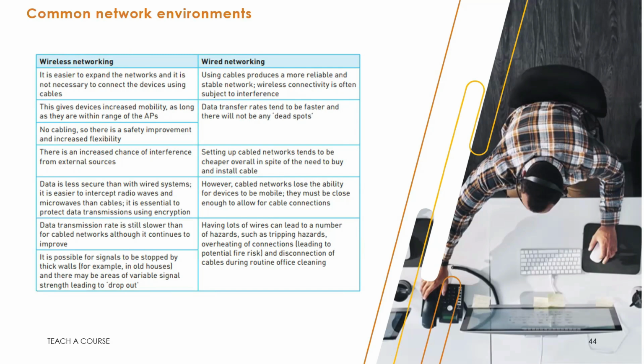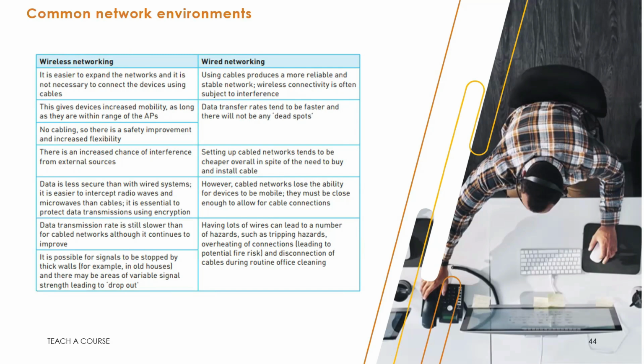So you're going to have a reliable internet connection with wired networks. Then no cabling, so there is a safety improvement and increased flexibility. So no tripping over cables, and it also might be cheaper because they're not buying a lot of cables.